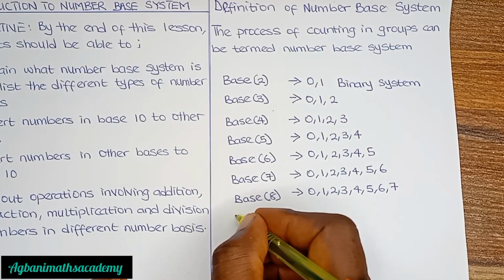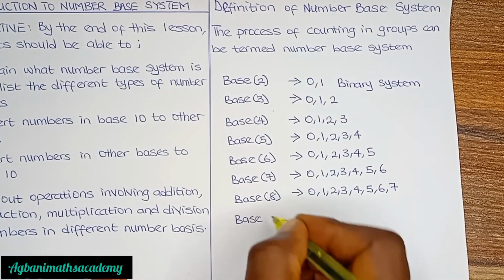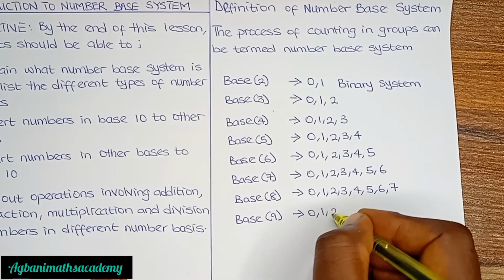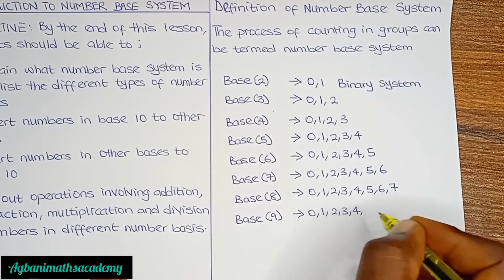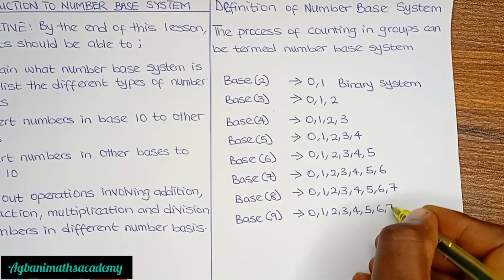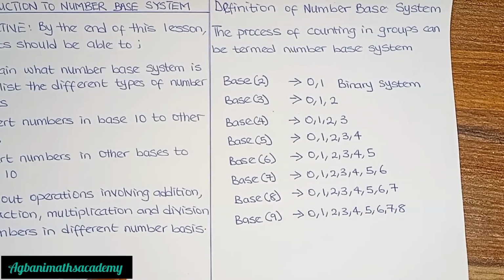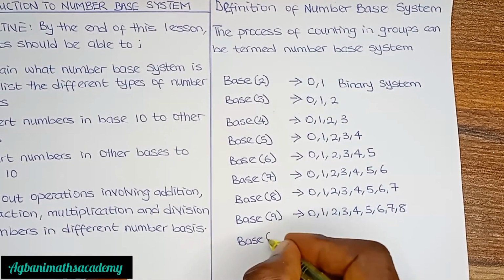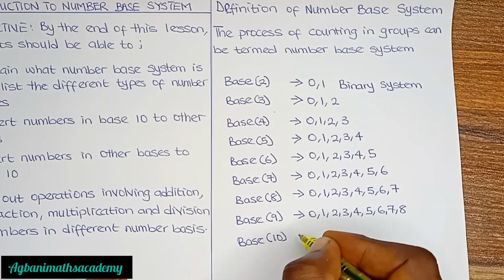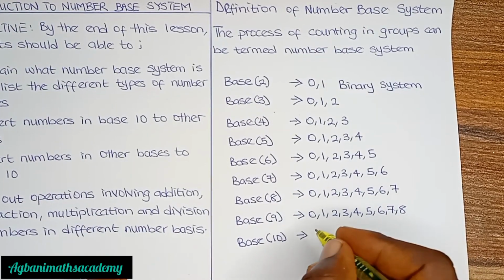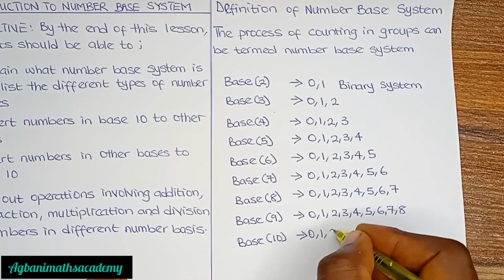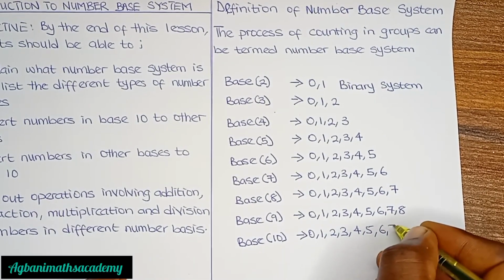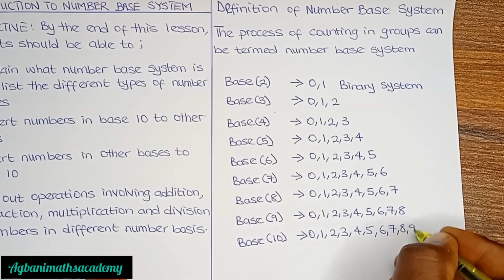Base 9, this contains 0, 1, 2, 3, 4, 5, 6, 7, 8. And finally, base 10, containing 10 numbers, 0, 1, 2, 3, 4, 5, 6, 7, 8, and 9.